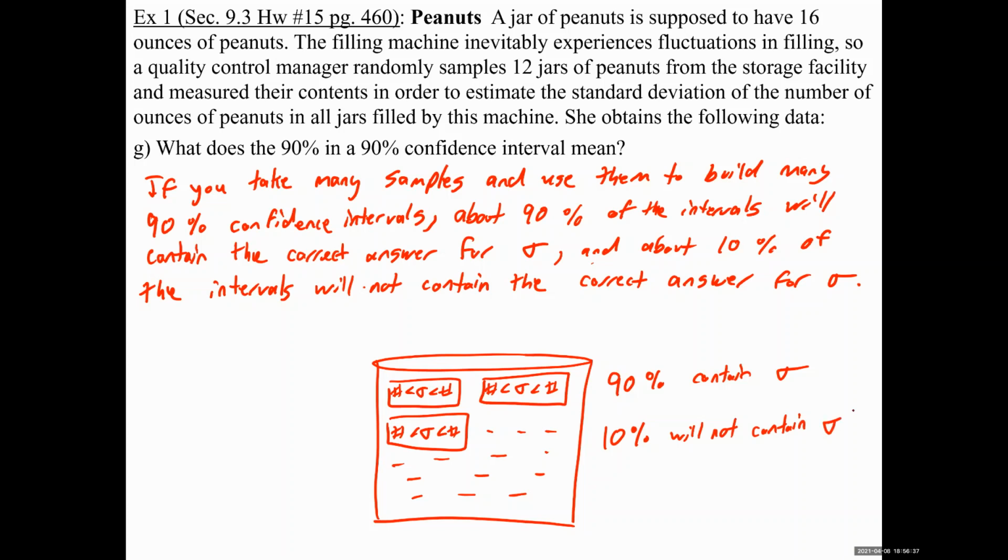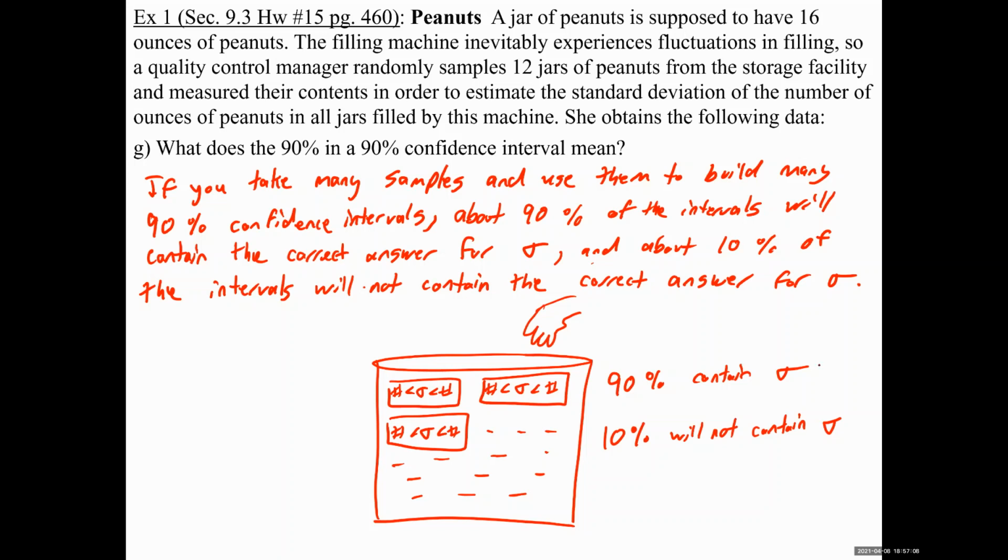So when you build a confidence interval, you're only building one. It's like you're selecting one out of a bag that has a whole bunch of intervals in it. Okay, so we're just selecting one interval out of the bag. If you were going to select one interval out of a bag like this, would you guess that your interval would have sigma in it, or would you guess your interval would not have sigma in it? Would have sigma. 90% you would guess it would have sigma.